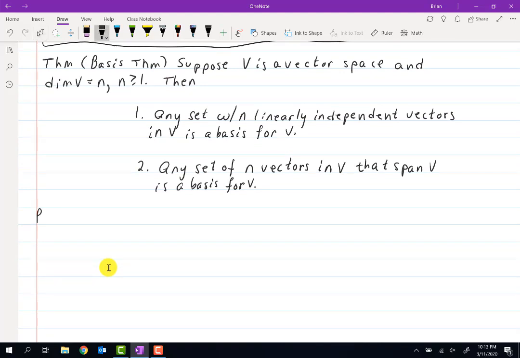Proof. Most of this is not so big and hard to prove. It's just a matter of being formal about all the stuff that we did.